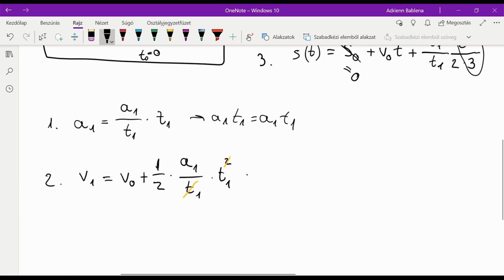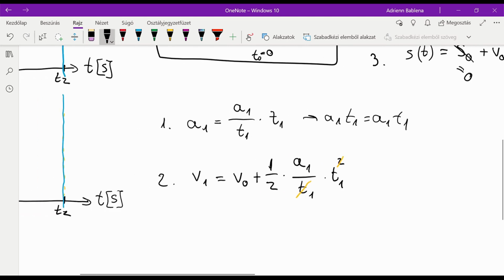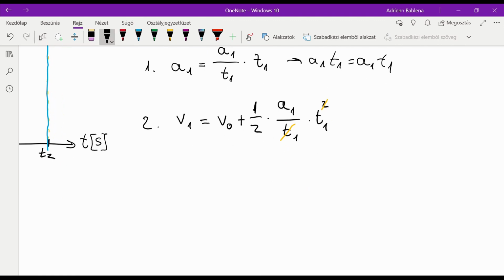So our second equation is v1 equals v0 plus a1 times t1 over 2, or you can write 1 over 2 times a1 times t1.